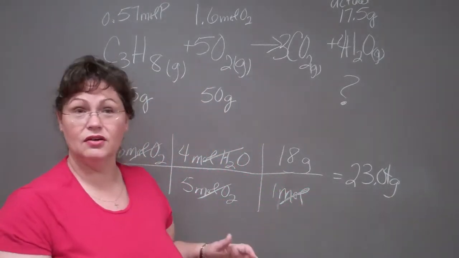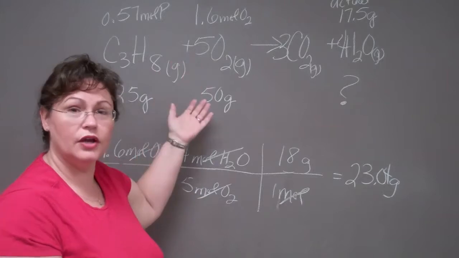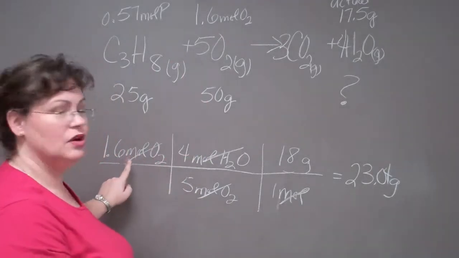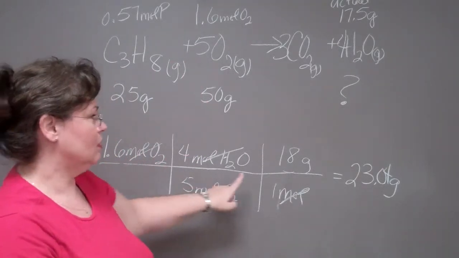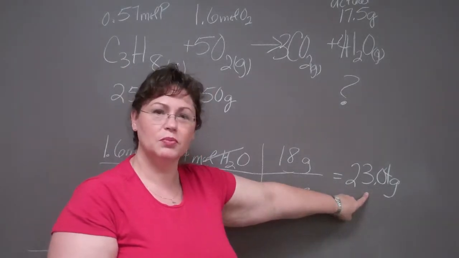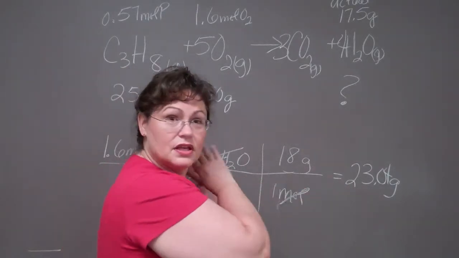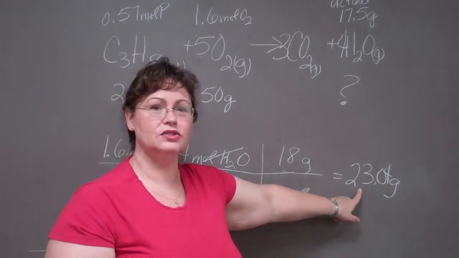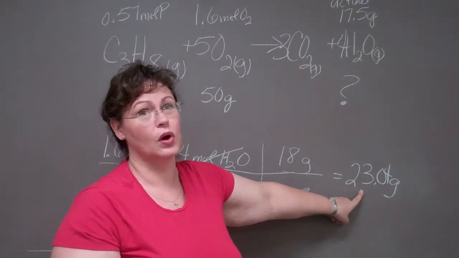In theory, when this reaction goes 100%, we start with our limiting reactant. We calculate how many grams of product can be produced. If this goes 100%, you can isolate 23.04 grams of water.